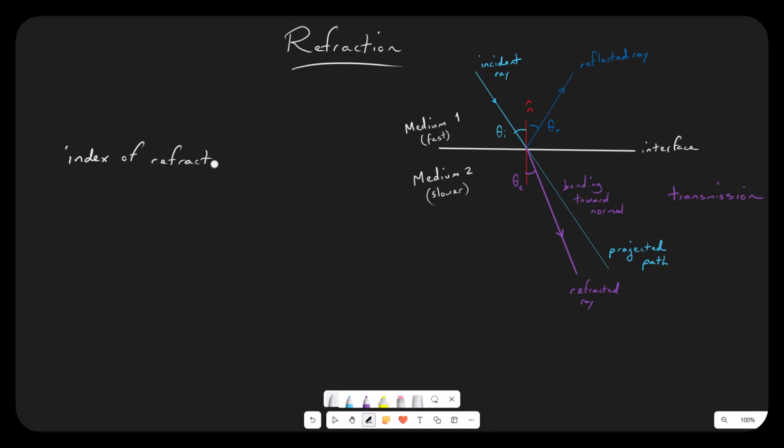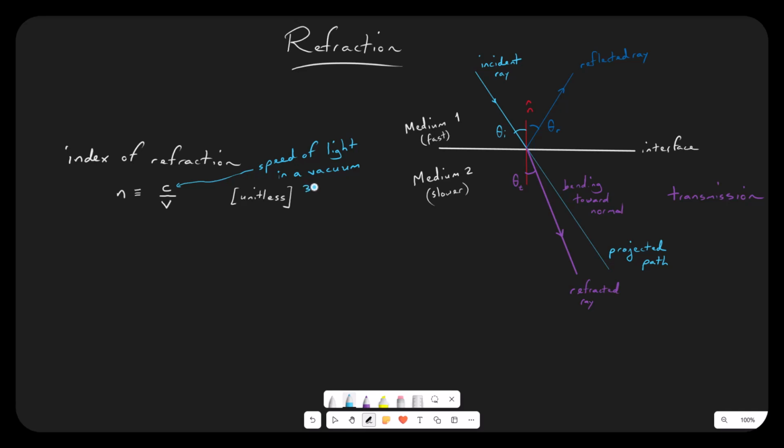And an index of refraction, which gets a letter n, is defined by the speed of light in a vacuum divided by the speed of light in a medium. So let me get there. This is a unitless quantity because I am dividing a speed by a speed. c is the constant that we use for the speed of light in a vacuum, or in empty space, if you like.